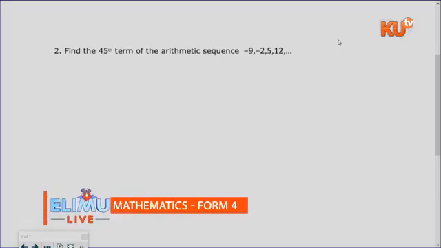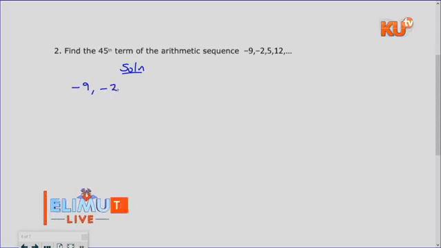In this case, again, we identify if indeed there is a common difference. So we have -9, the second term is -2, the third term is 5, and the fourth term is 12. You can tell the common difference again by taking the difference between the second term and the first term, or the third term from the second term, and so on.